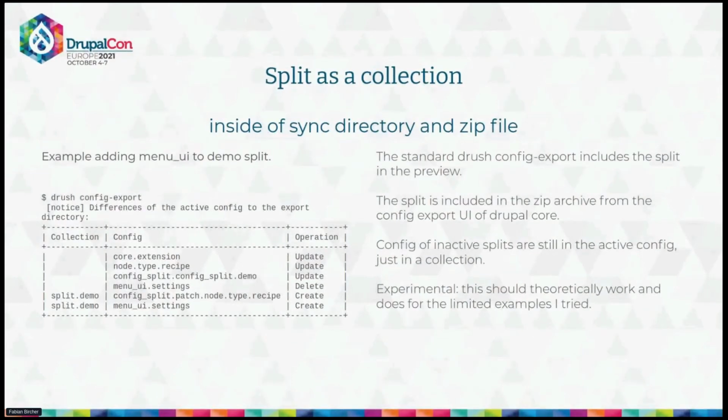You should be familiar with collections if you have worked with multilingual Drupal 8 or Drupal 9. A collection is a folder in the export folder. So in the config export, you have the languages folder and one subfolder for each of the individual languages. And in there, the configuration translations are kept.